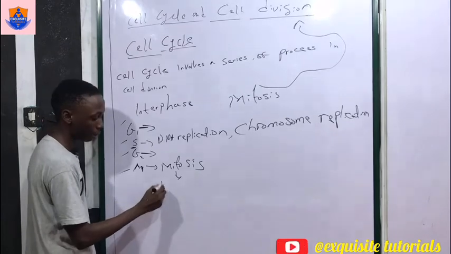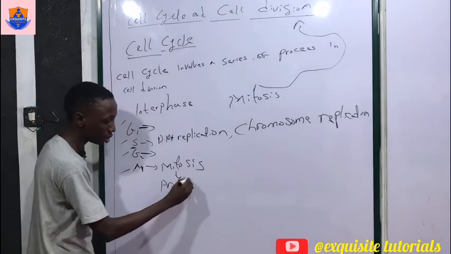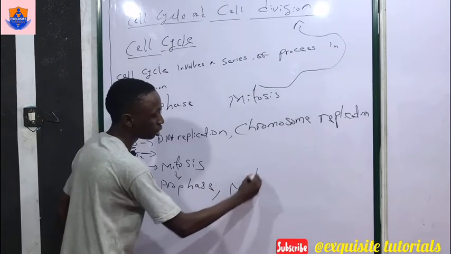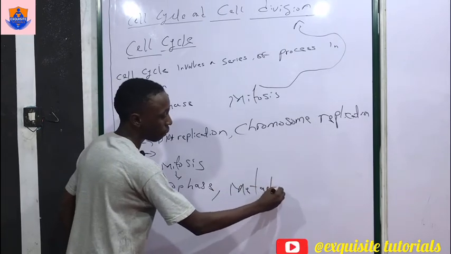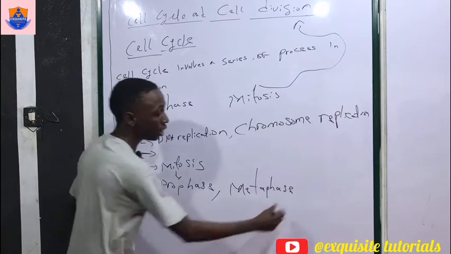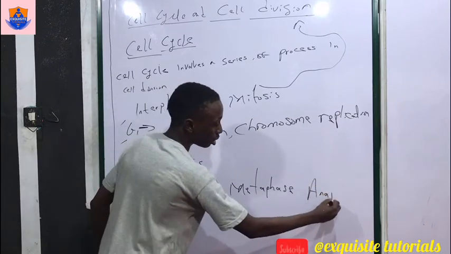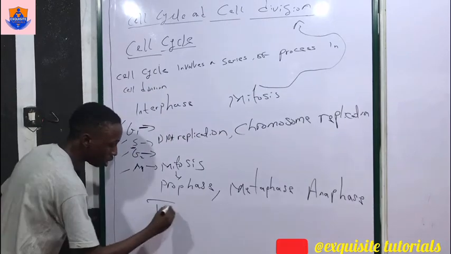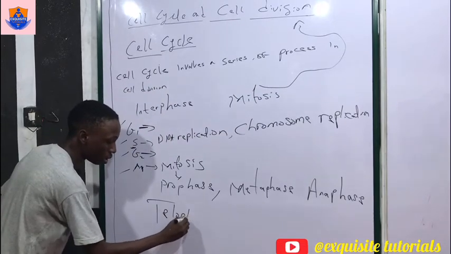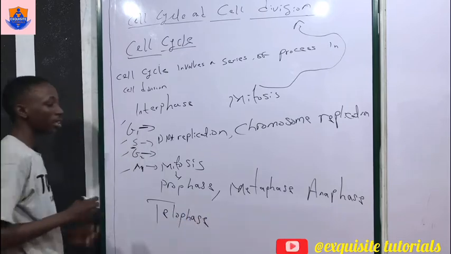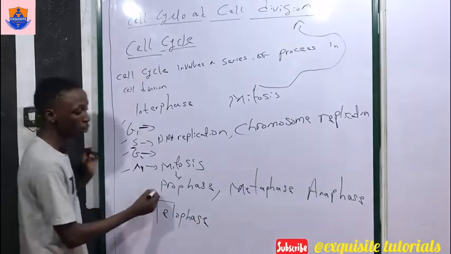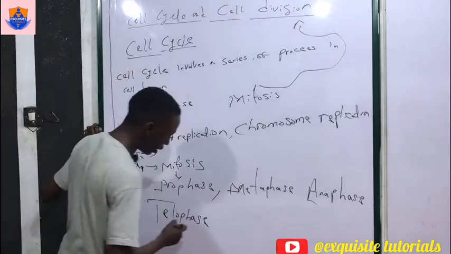Now, this mitosis is further divided into different stages. We have the prophase, we have the metaphase, we have the anaphase, and we have the what? Telophase. So I said that mitosis is divided into the prophase, the metaphase, the anaphase, and the what?